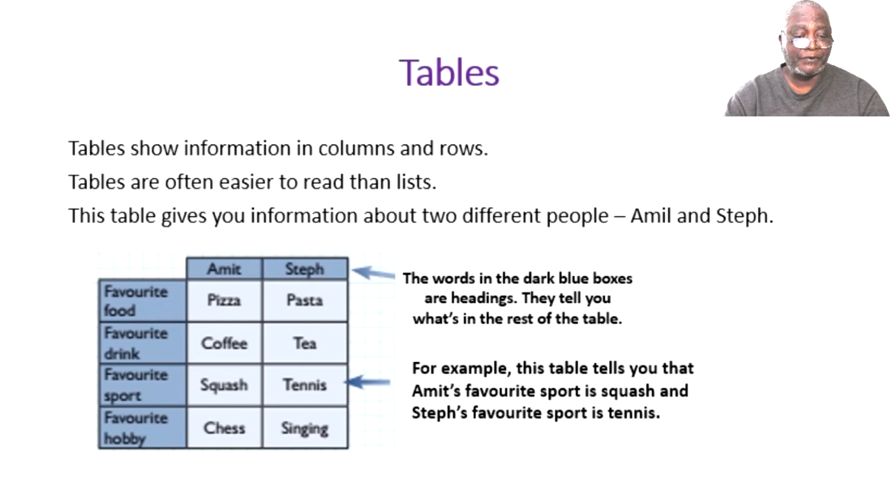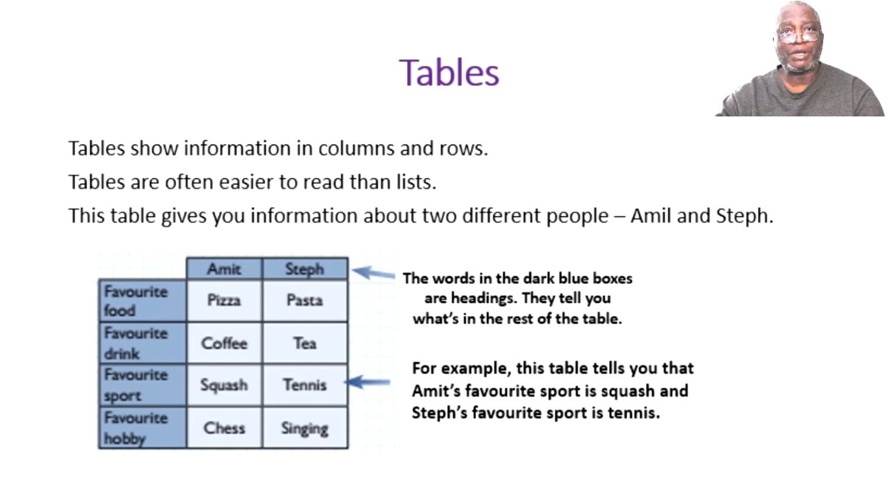You have their favorite drinks, their favorite sports, and their favorite hobby. So looking at that table, you can tell a lot about Amit and Steph. For example, this table tells you that Amit's favorite sport is squash and Steph's favorite sport is tennis.